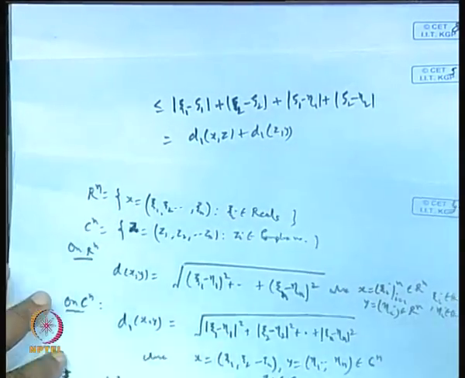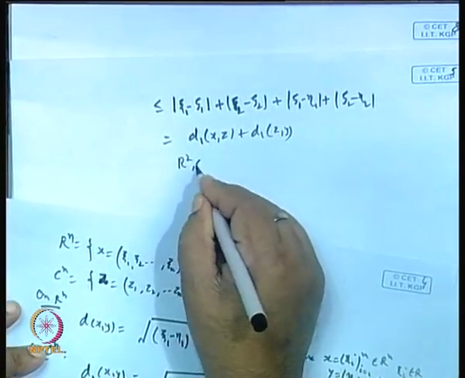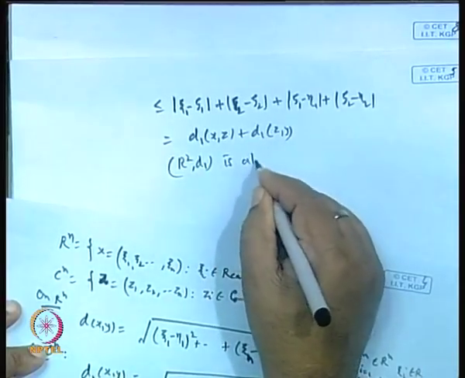Therefore, it also gives a metric on R2. So, R2 with this d1 is also a metric space.